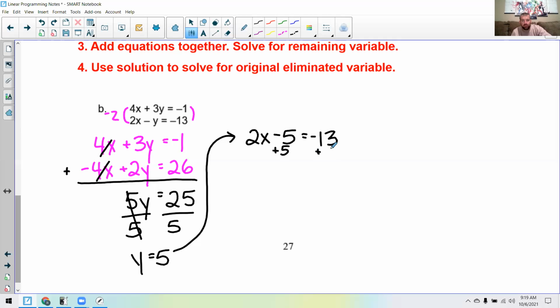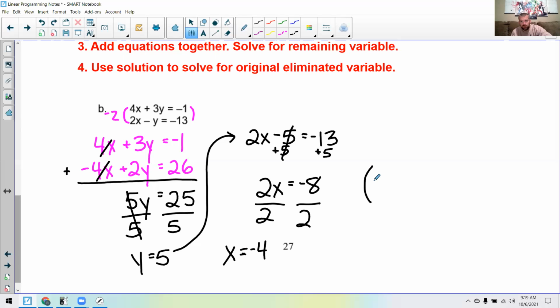I'm going to add 5. 2x equals -13 plus 5 is -8. Dividing by 2, x equals -4. So my solution is -4, comma 5.